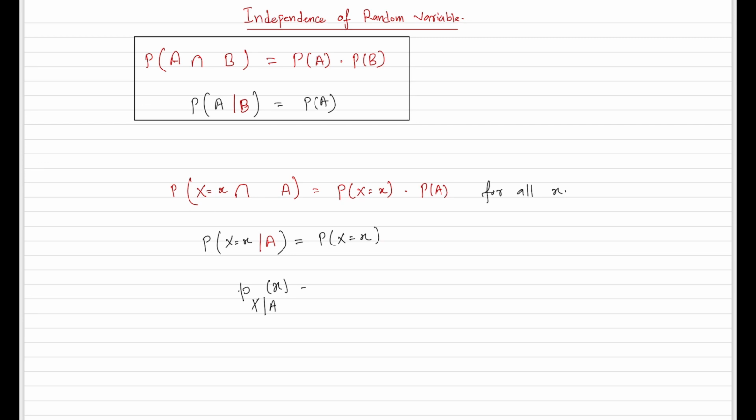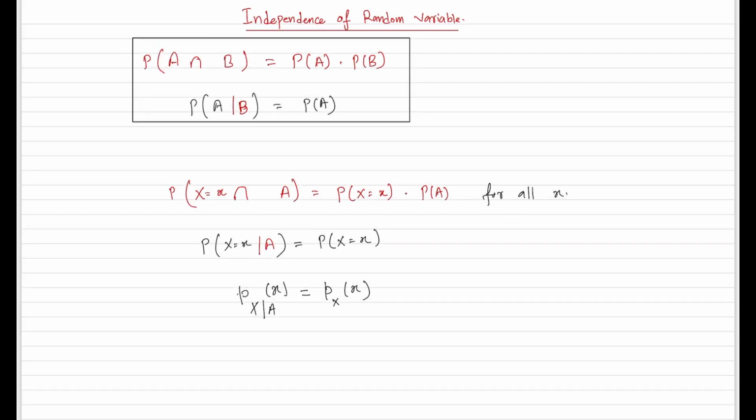If these two are independent, then this conditional PMF will be the same as the unconditional PMF. So the conditional PMF of this random variable X under the condition A will be the same as the unconditional PMF of this random variable.